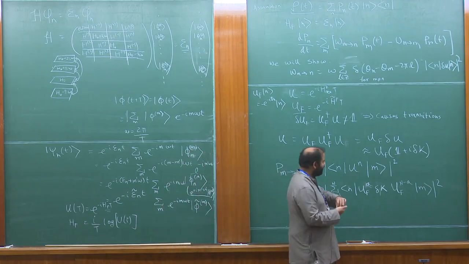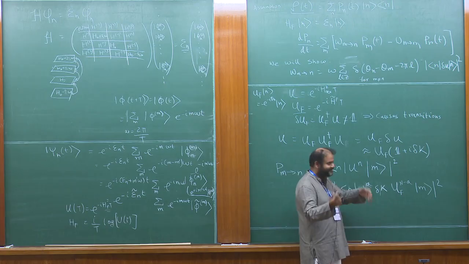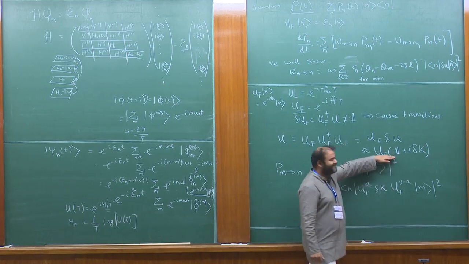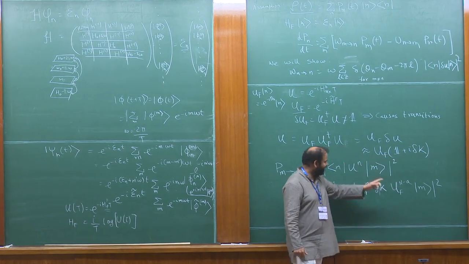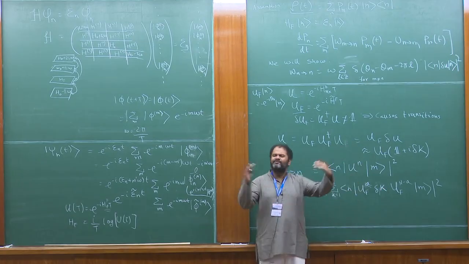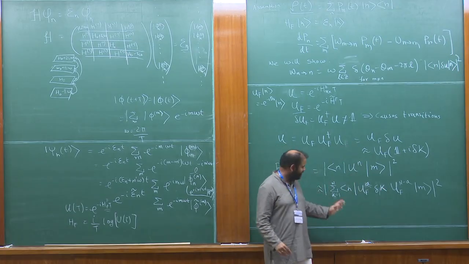I know it's getting late, but hopefully you are still with me more or less. So this is UF times identity plus i delta K. I have just substituted it in here, kept terms which are linear in delta K, right? So this is what I have.